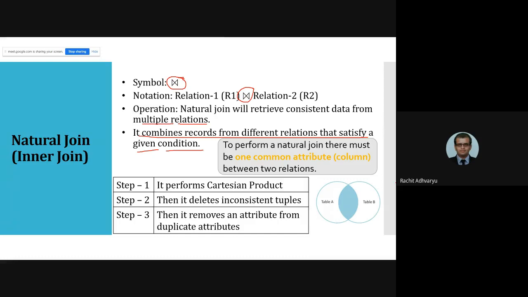That is the rule for join. So remember this rule because this rule is very much important in your practicals also. There should be one common column or attribute between two relations if you want to perform a join. Clear guys? This is what join is.